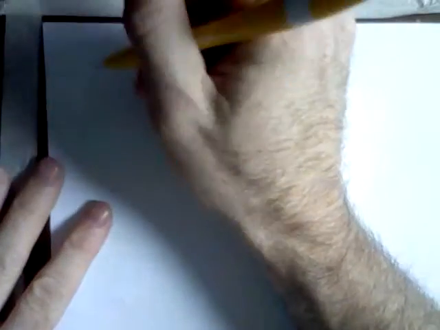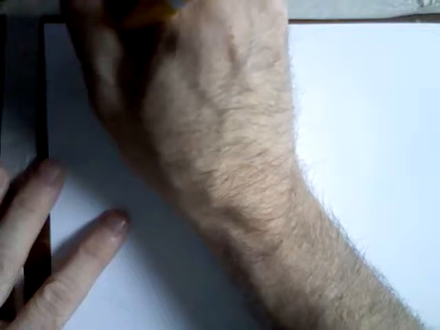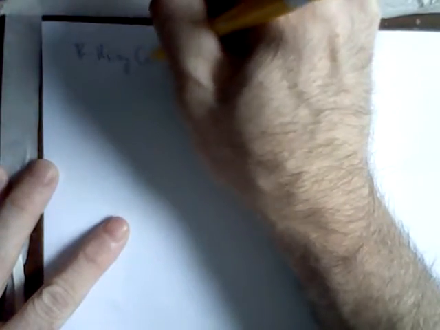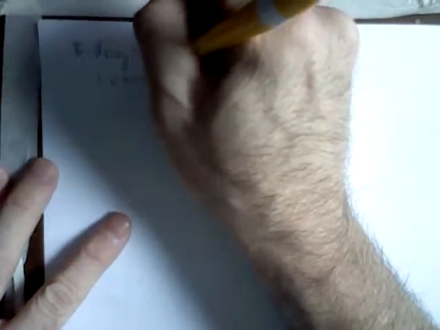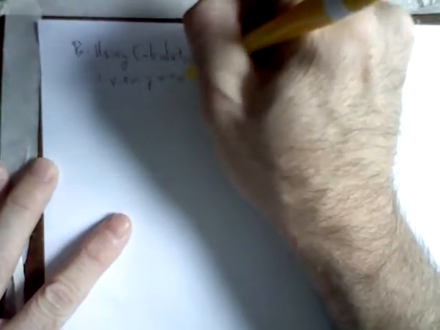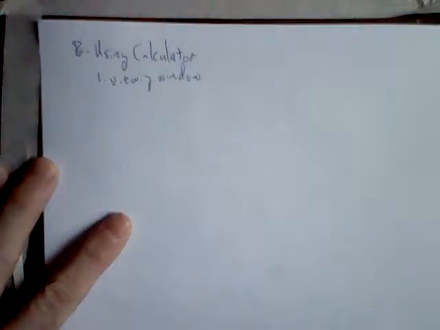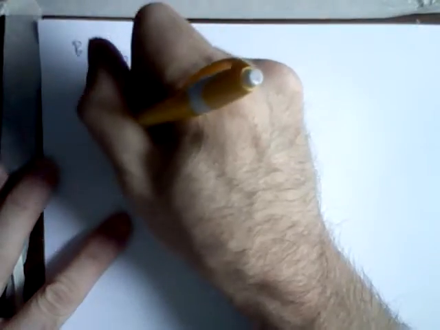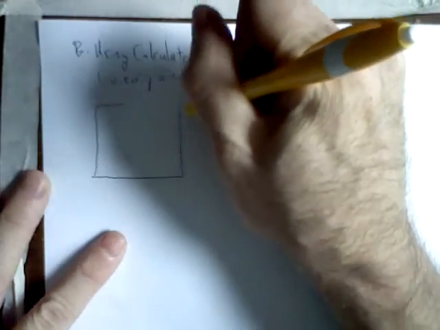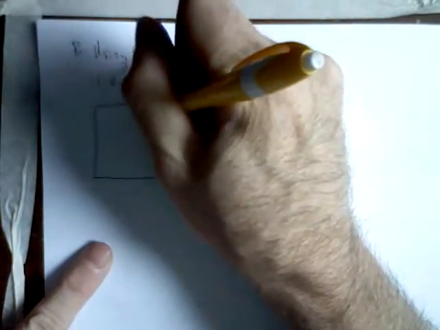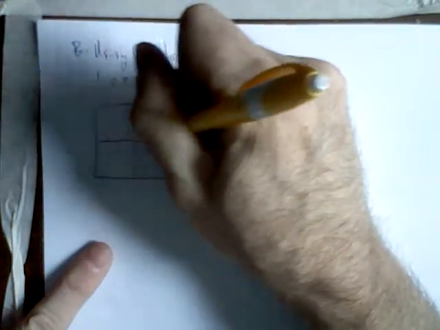Okay. Some notes on using your calculator then, for graphing. First, the viewing window. That's sort of the screen you'll see when you go to plot these things on these nice new calculators they have for you.